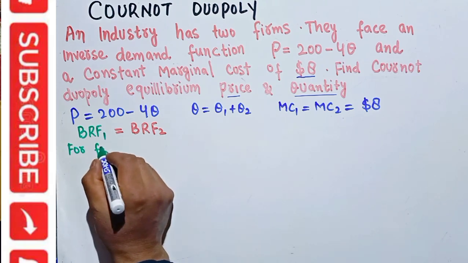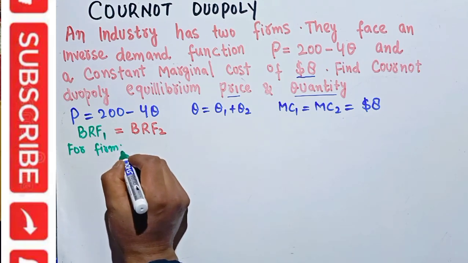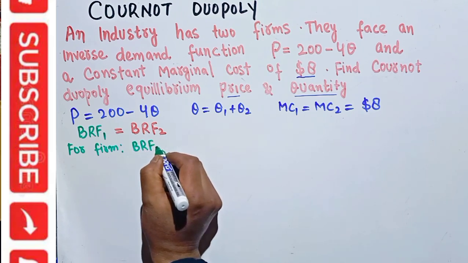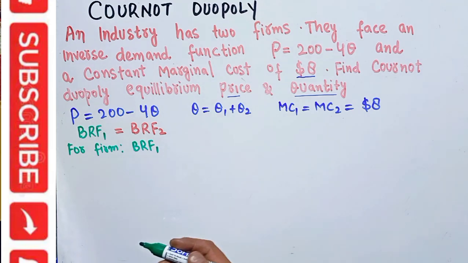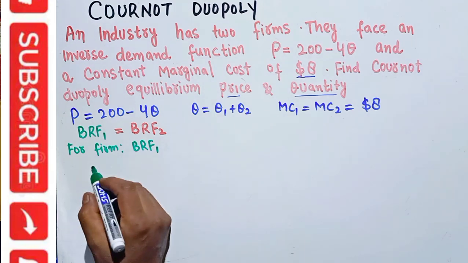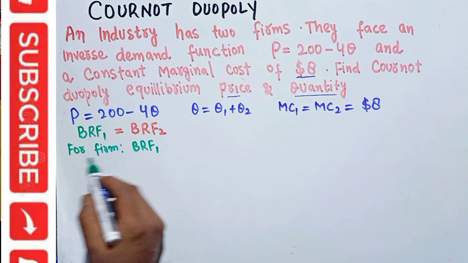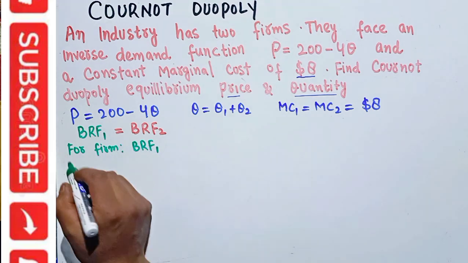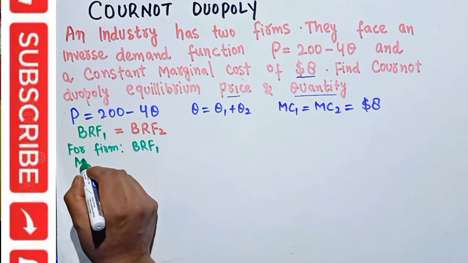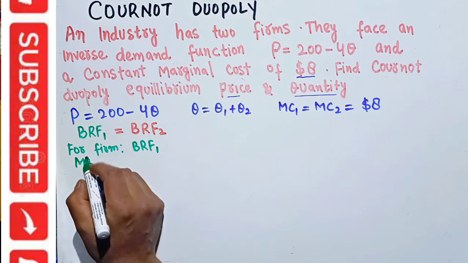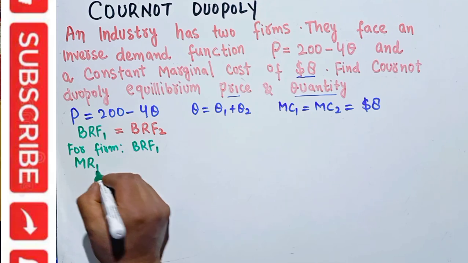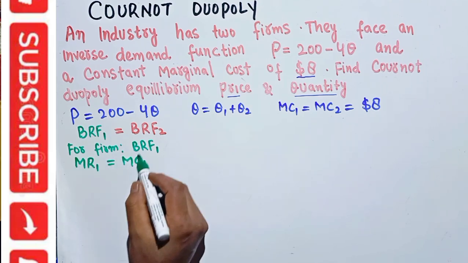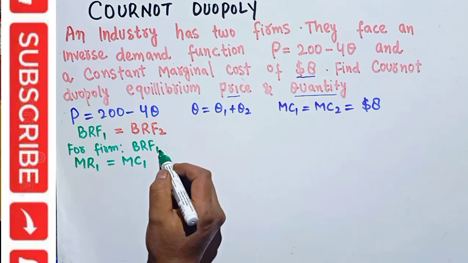For firm 1, to find out the best response function, how do we find it? Very simple. First we need to find out the equilibrium condition for firm 1. That is, for equilibrium, what will firm 1 do? It will equate its marginal revenue with its marginal cost. Okay, when we equate these two, we will get the best reaction function for firm 1.